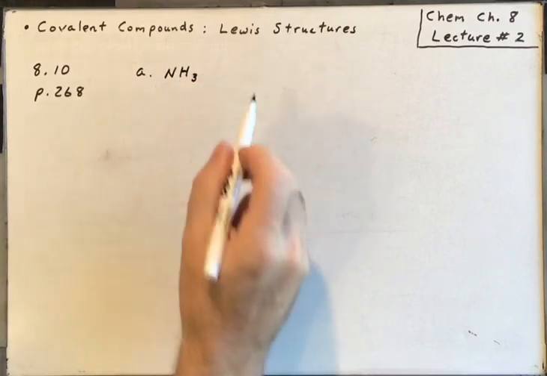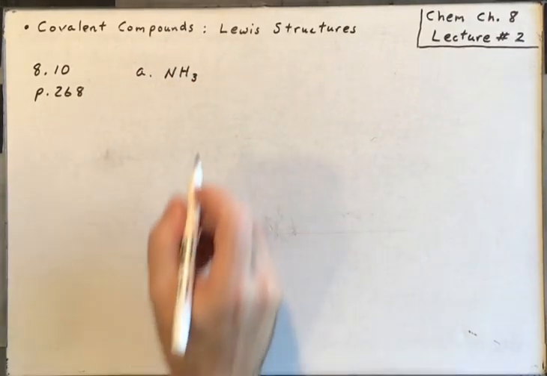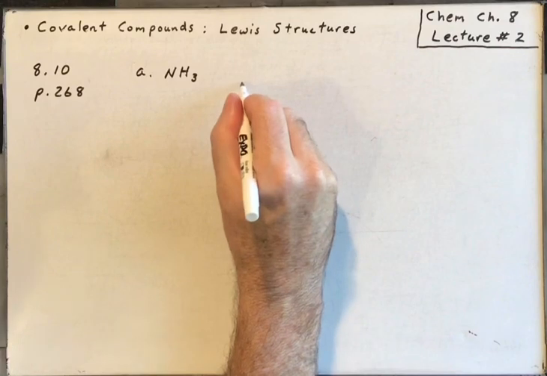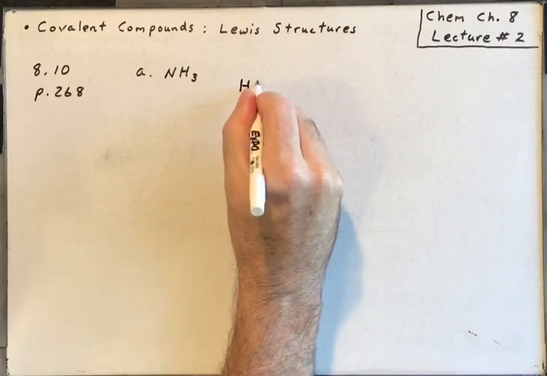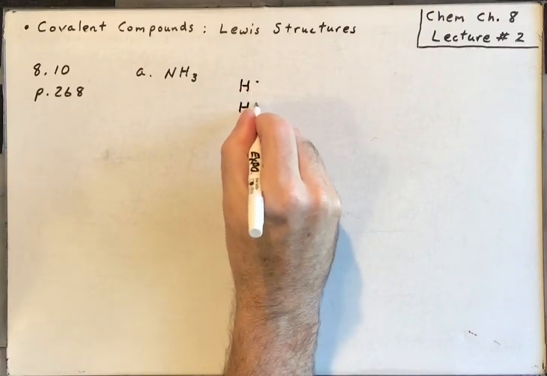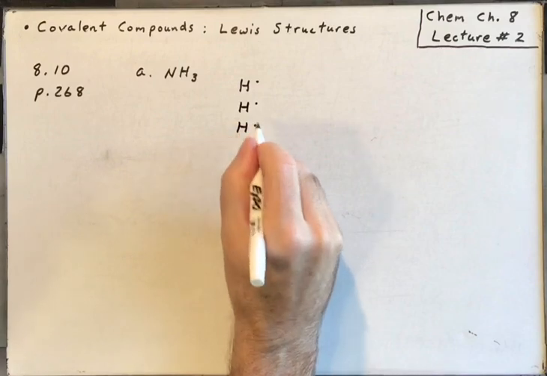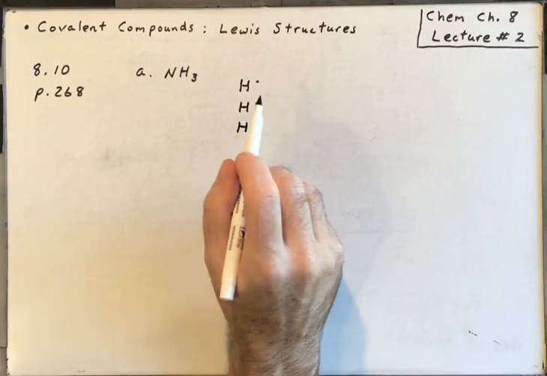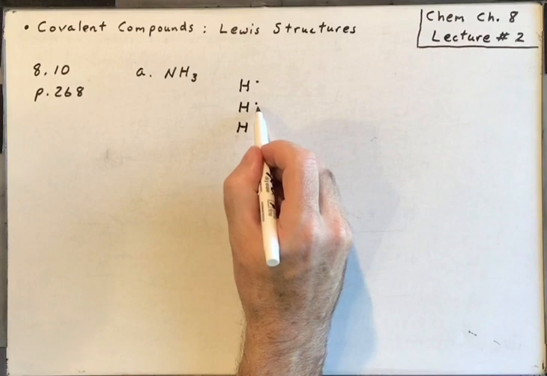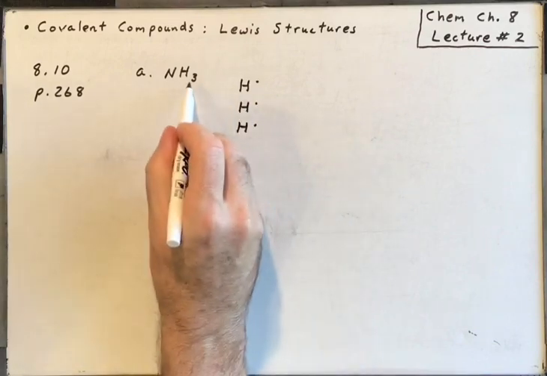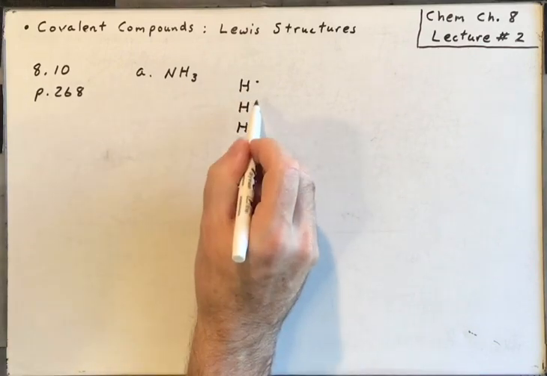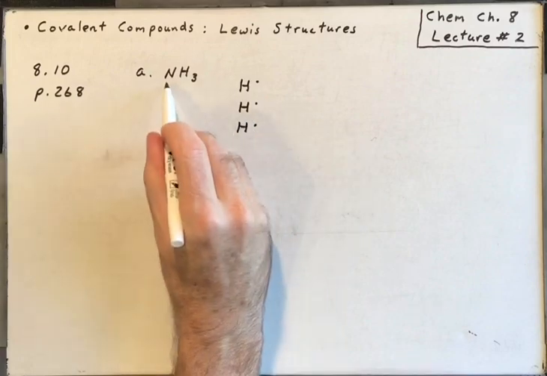All right, covalent compound, no metals. The Lewis structure for hydrogen would just be one electron. Hydrogen's in column 1 on the periodic table, just one electron in its outer shell. But there are 3 hydrogens, so I drew all 3. I won't always do this, just on this first time.